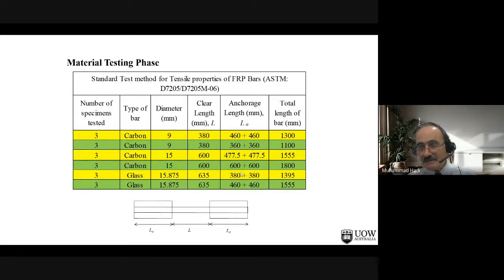Qasim did this test, and we wrote a paper and published it to ASTM. This is not his main program, but he was able to publish a paper in ASTM, adding to the standard. So these are the tests.